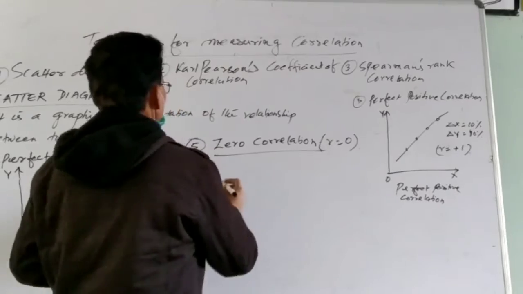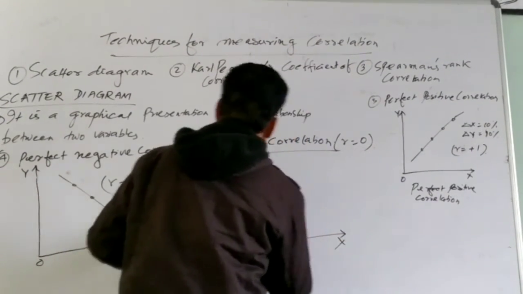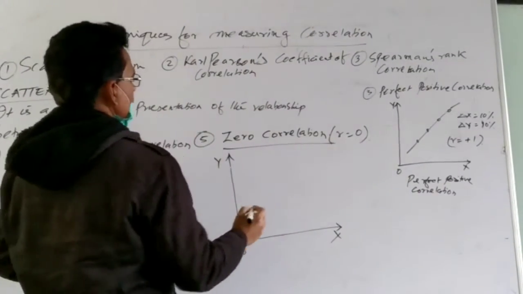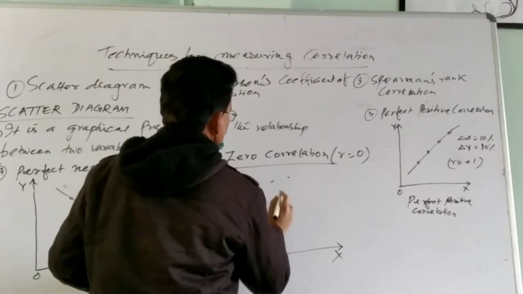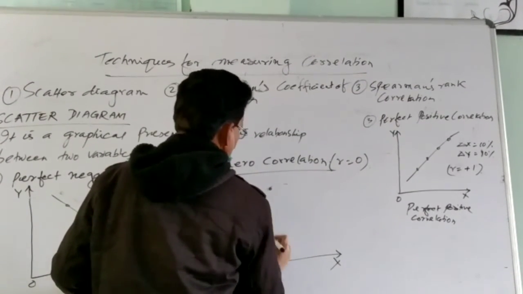When you plot on a graph paper, you will get a picture like this. Zero correlation means the concept. Suppose the dots are like this. Are you seeing this? Yes, sir.